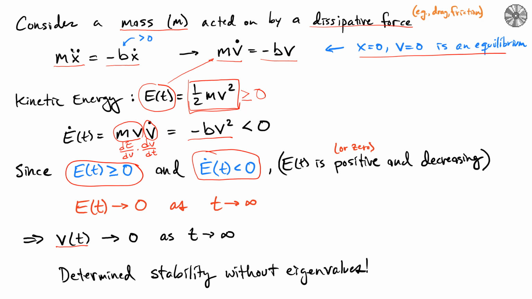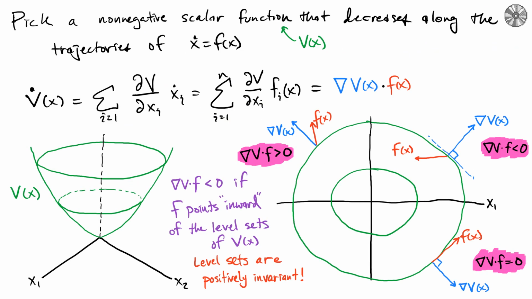Now we didn't use eigenvalues, but we're still able to show stability. This is a specific example, but it really does show the basic working of Lyapunov theory. At a more abstract level, the goal here is to pick a scalar function, meaning a function that outputs just a number, and it's always positive or zero, so non-negative.